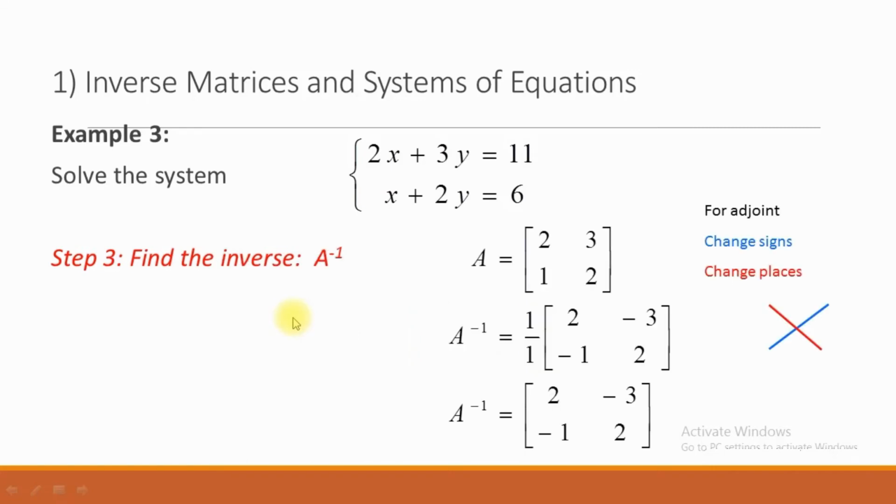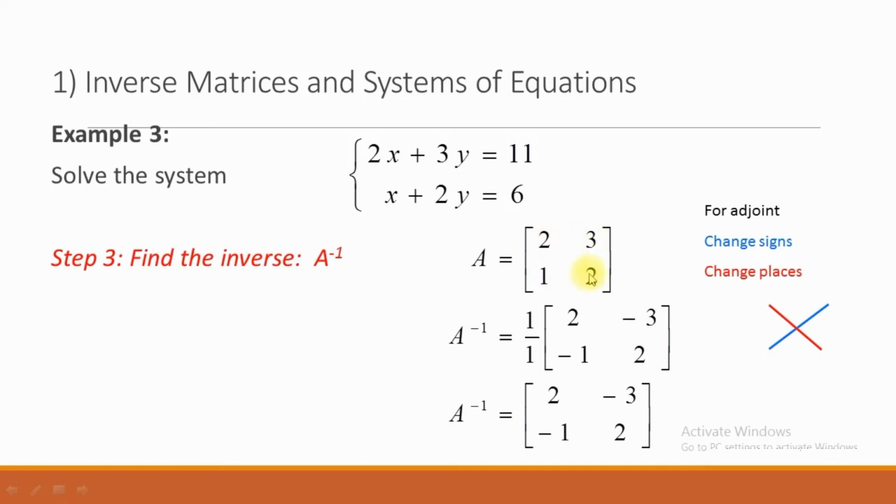And now to find the inverse of the coefficient matrix, we use the formula 1 over determinant times adjoint. For the adjoint, change the places of these two elements. This red color highlights that we change the places of this diagonal, and this blue color represents that we change the sign of this diagonal.